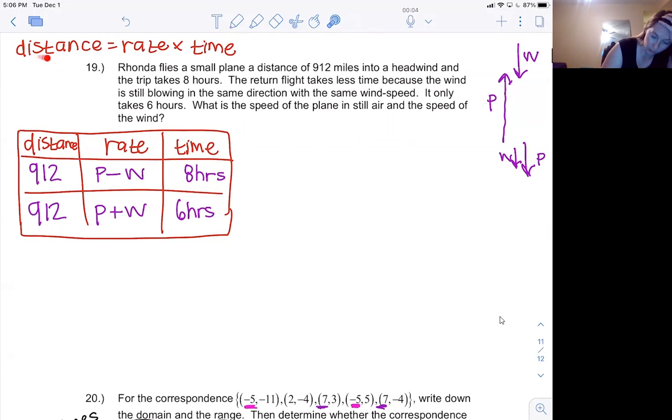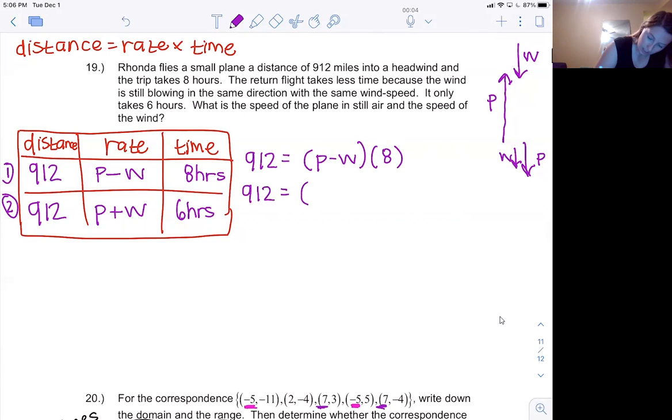So now I'm going to just use this equation right here. So I'm going to have two equations, this equation and this equation, 1 and 2. So for 1, I have the distance, which is 912, equals the rate, which is P minus W, times the time, which is 8. And the second equation is going to be 912 equals P plus W times 6.